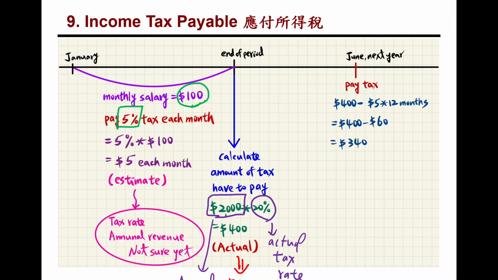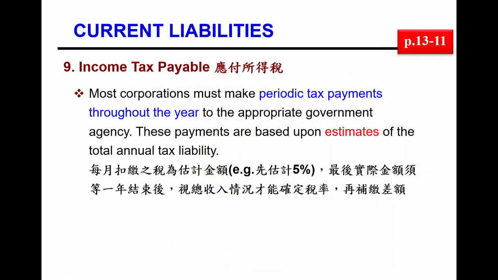OK，所以5月是什么？伤心的季节。为什么？缴税季到了。So for the $340, you are going to pay next year. OK, no problem.